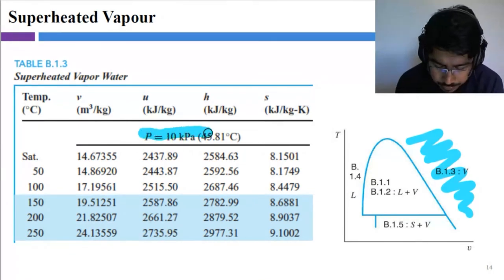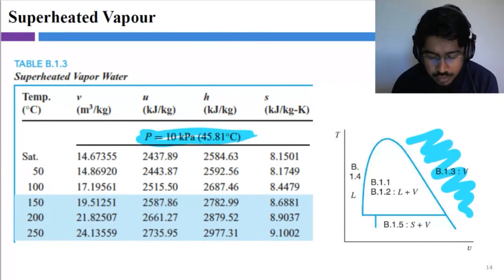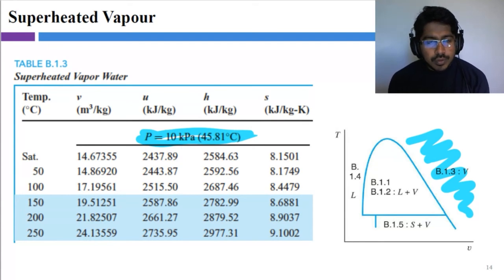There's a pressure value. This pressure value is very important in the case of superheated vapor. You remember we had a pressure value similar to this on the table in the compressed liquid, but we said it's not very significant. But in the superheated vapor region, this is very important.